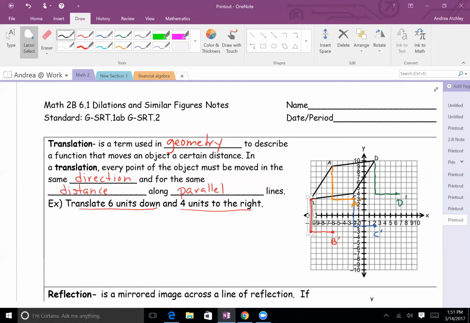Now, if I graph or I connect these dots together from A to D, A to D prime.